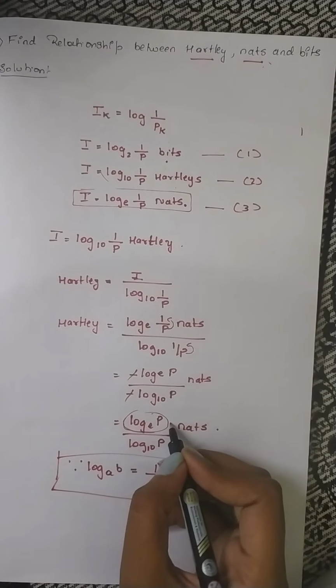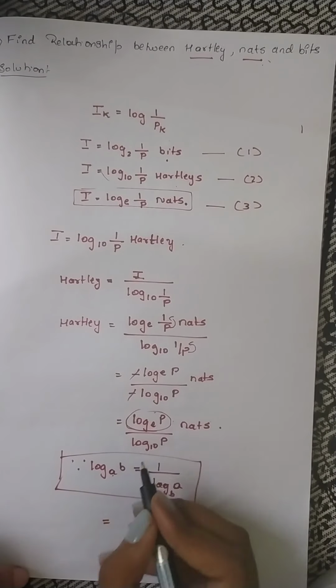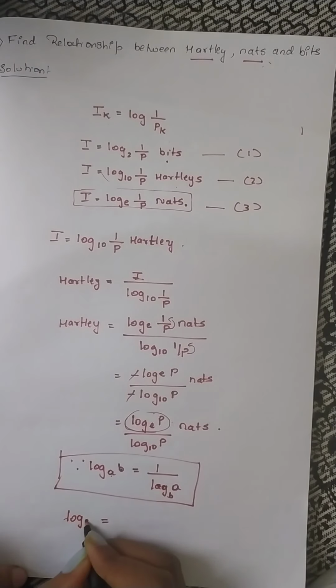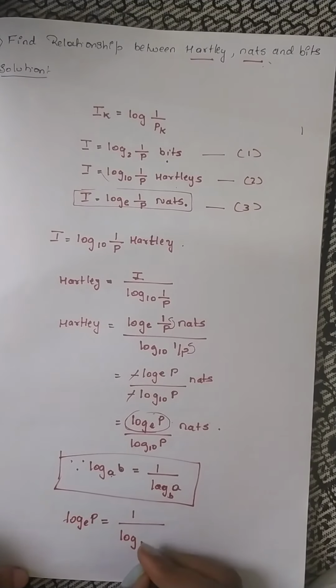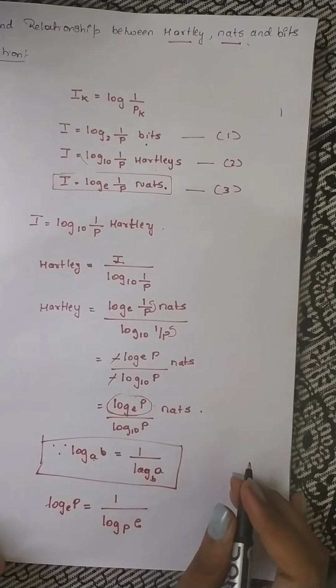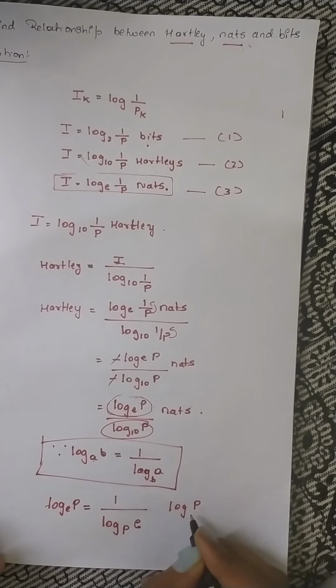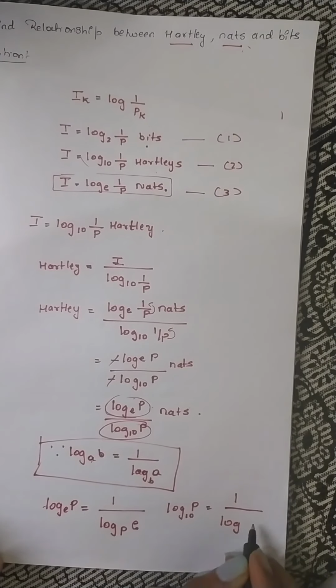Here a is nothing but e, b is nothing but p. So log p to the base e is 1 divided by log e to the base p. Similarly, I can write log p to the base 10 is equal to 1 divided by log 10 to the base p.